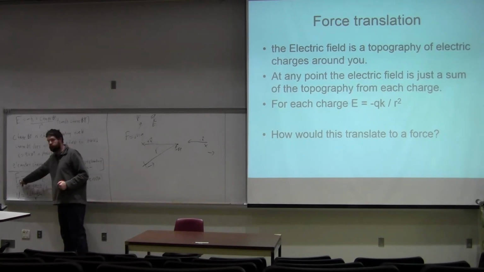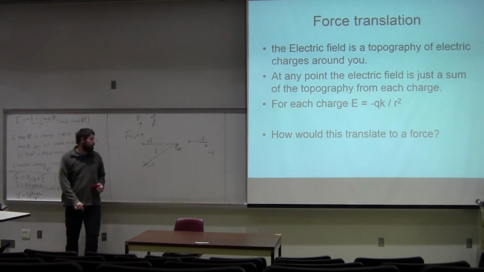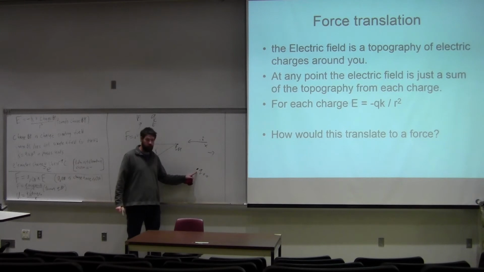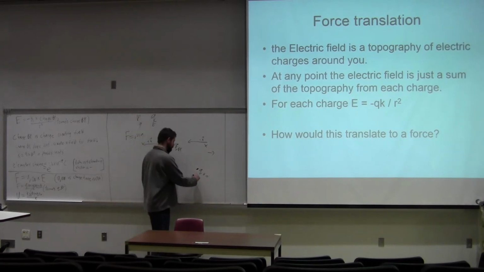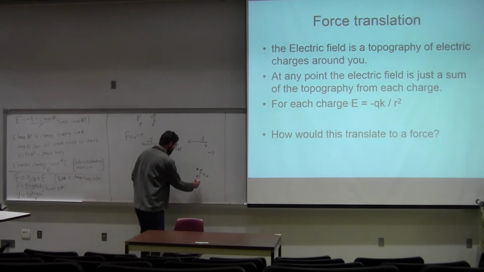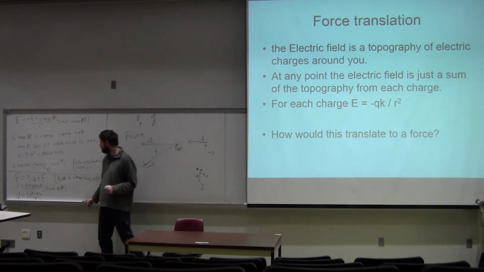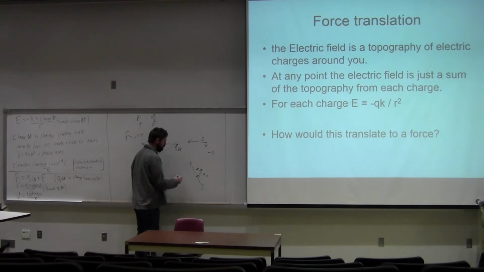So the force on an object, if you have the electric field, is equal to the charge on times E. So if I have a charge here, let's call it charge on, this is the charge my force is going to be applied on. It's going to be pulled in some direction, and that force is going to be equal to the electric field times this. Since the electric field is going to have some direction, I'll just point in a random direction, the force is going to point in that same direction unless my charge is negative, in which case it would point in the other direction.